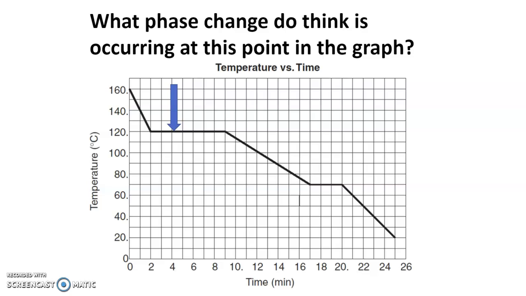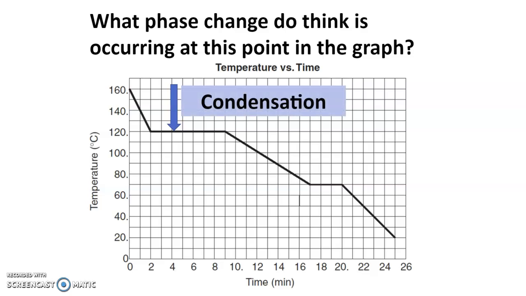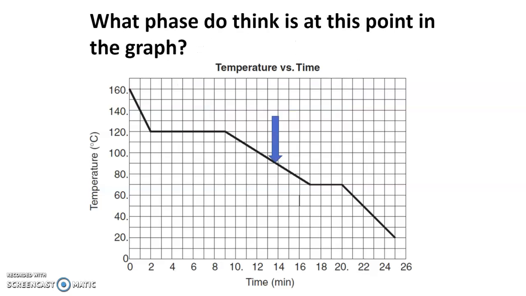What phase change do you suspect is occurring at this point? Since we started out with a gas, I'm going to guess that this is condensation. The gas is starting to turn into a liquid. So go ahead and label this part of your graph condensation. I know it's a phase change because it's flat and there's no change in the temperature.